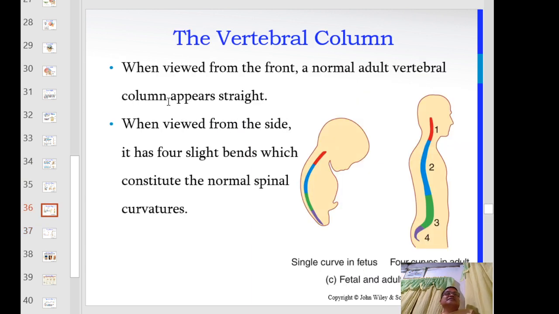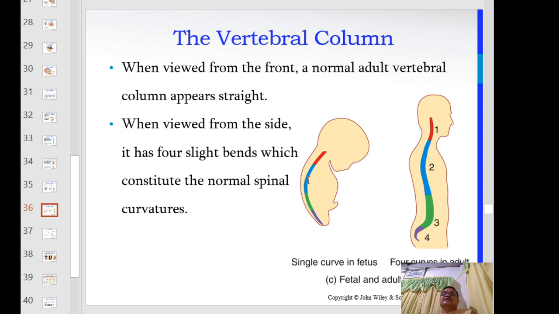This is the vertebral column. At birth, there is only one curve in the spine, more on kyphosis because the baby is curled. But when we start to learn to control our head, another curve forms, which is the lordosis.